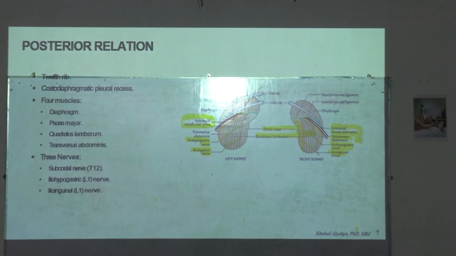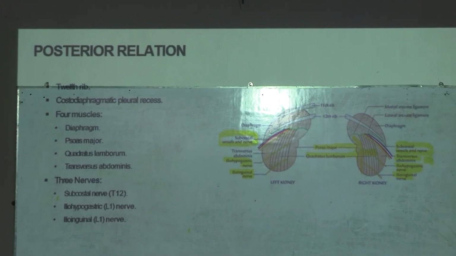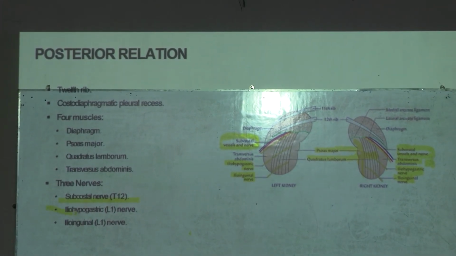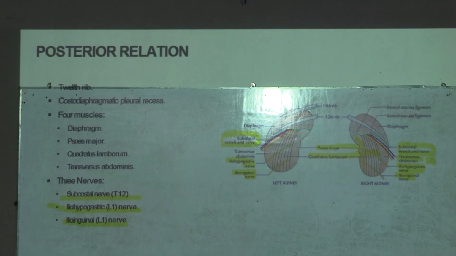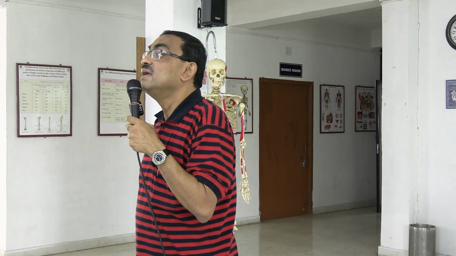And in the posterior abdominal wall, we have seen the branches of the lumbar plexus. Can we remember? Behind the kidney in the cadaver, we have to lift the kidney to see the nerves. They are the ilioinguinal and iliohypogastric nerves.